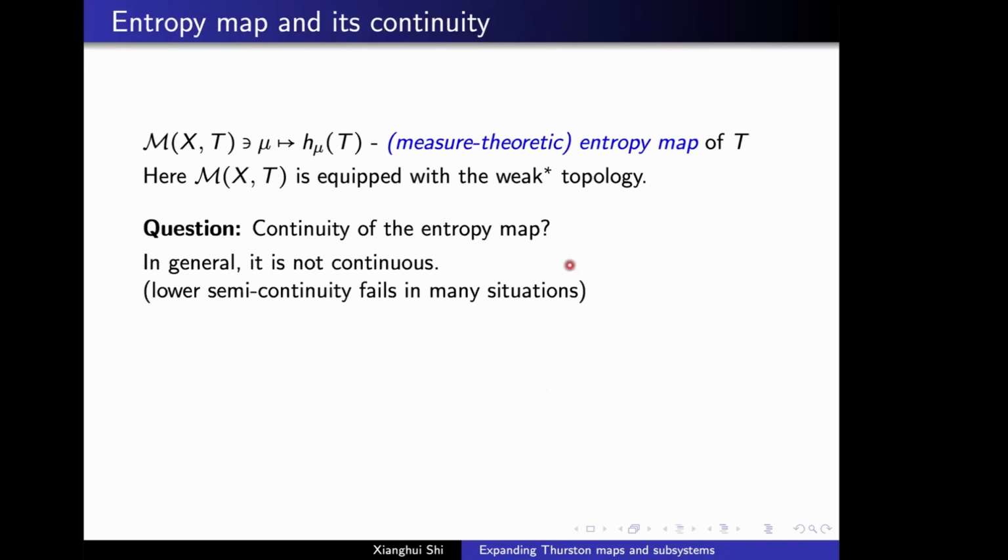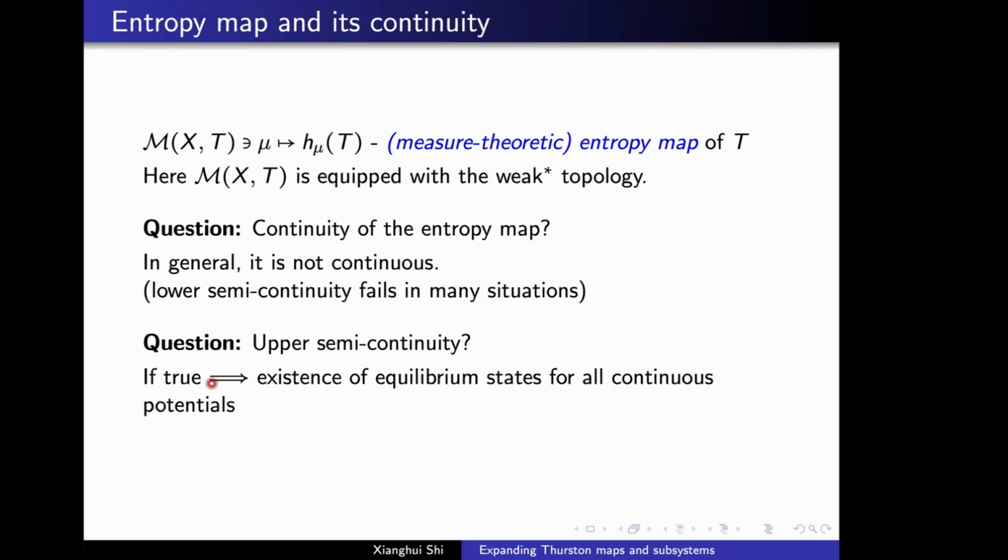So in this case, you see the lower semi-continuity fails. So we turn to a weaker condition, called upper semi-continuity. And this question is very interesting, because if the answer is true, then it immediately follows that for all continuous potentials there exists an equilibrium state.